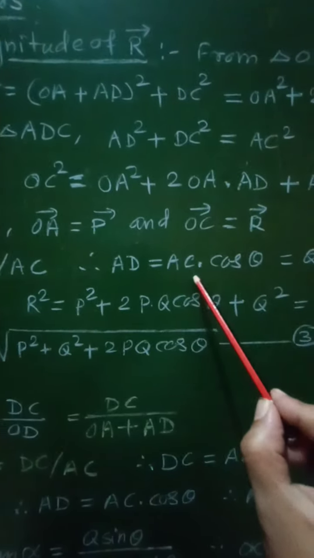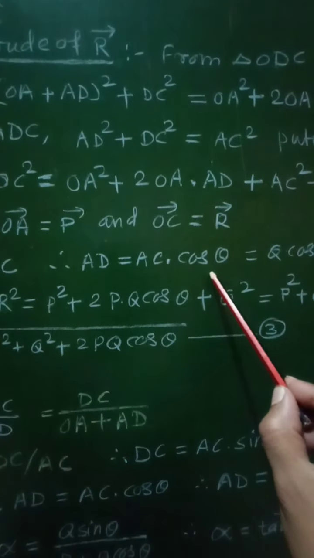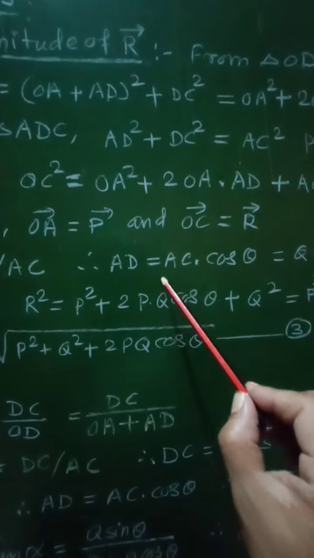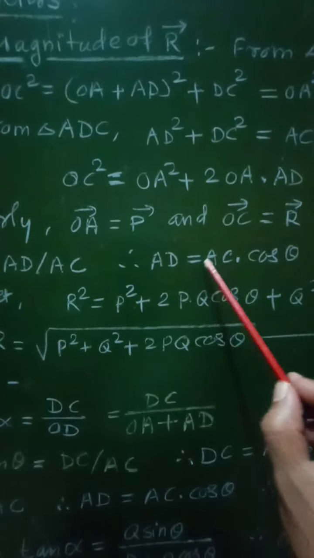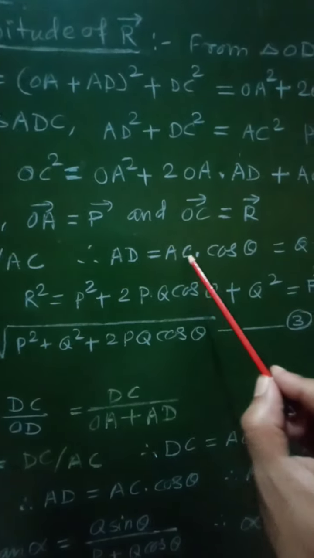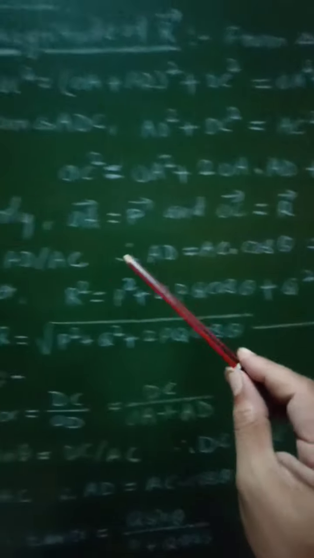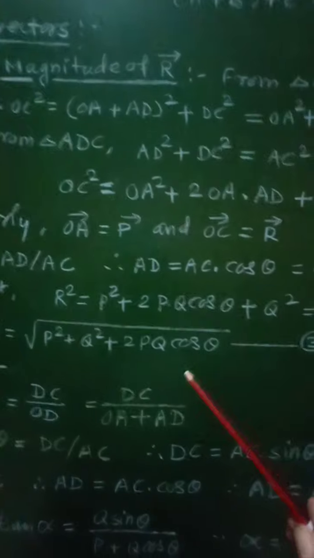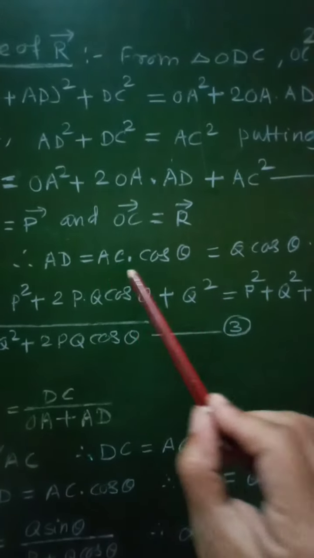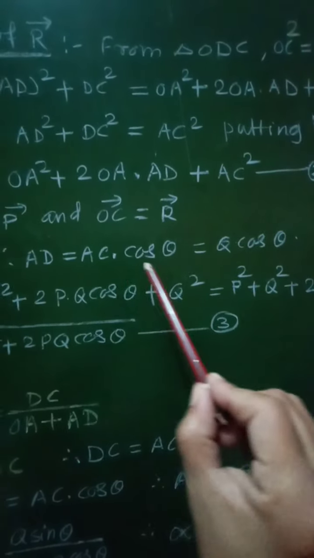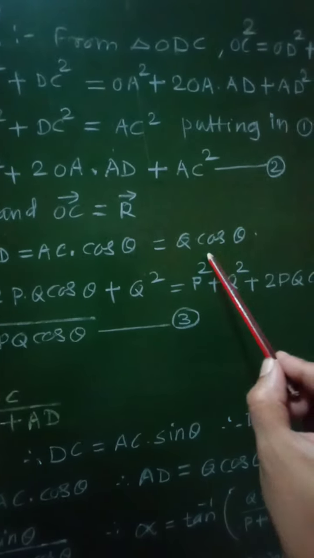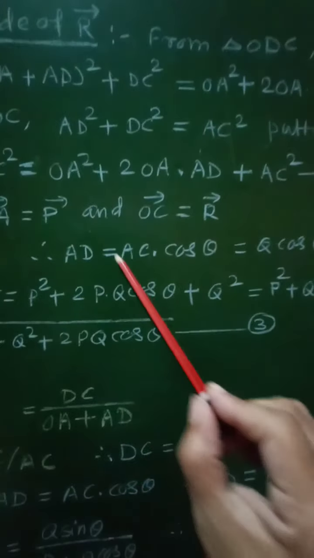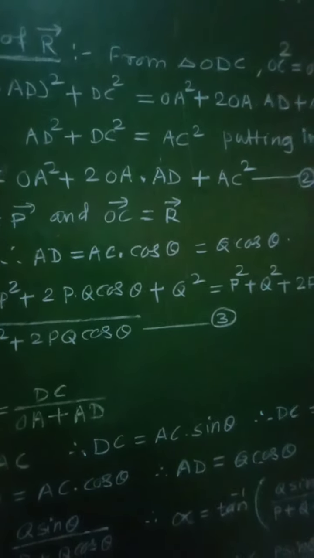But what is that AC? AC will be nothing but Q, in magnitude. And therefore AD is equal to AC cos theta will become Q cos theta. So we have got the value of AD, that is Q cos theta.